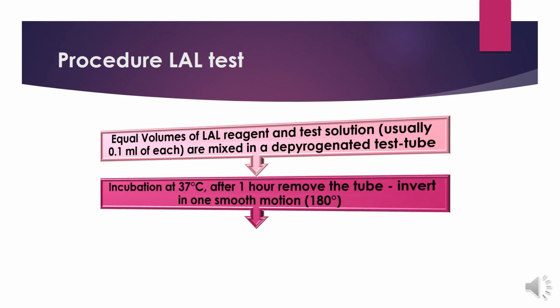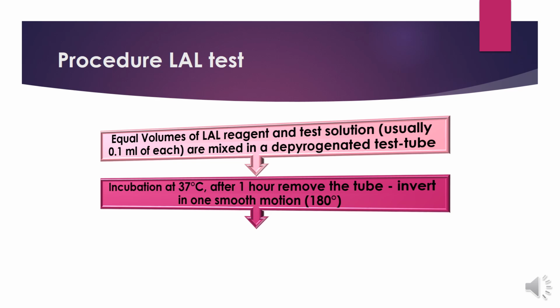After this mixing, you have to incubate your mixture at a temperature of 37 degrees centigrade for an hour. After 1 hour, you have to remove the tube and invert it in one smooth motion, that is up to 180 degrees.